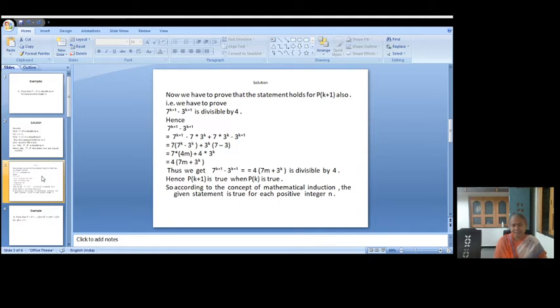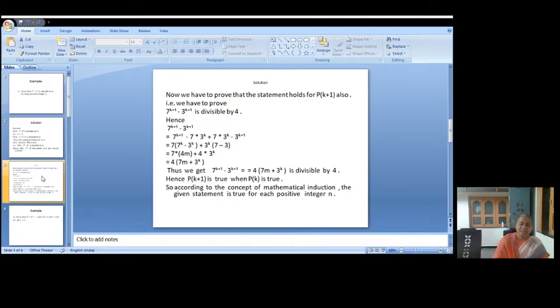As 4 is in the multiplication part, obviously it is divisible by 4, and therefore we can say that whenever p of k is true, then p of k plus 1 is also true, and hence we use the concept of mathematical induction or principle of mathematical induction.